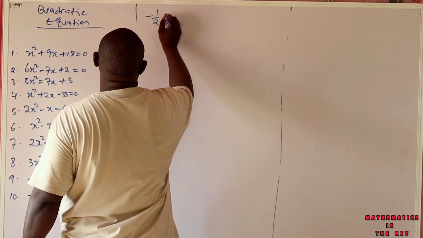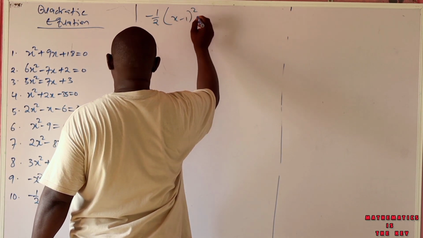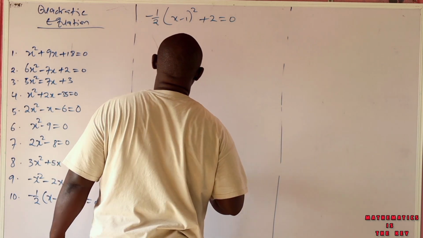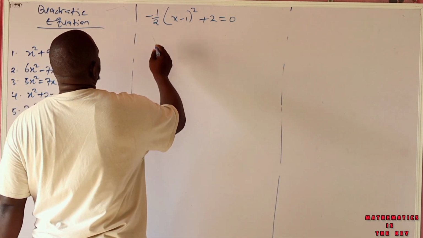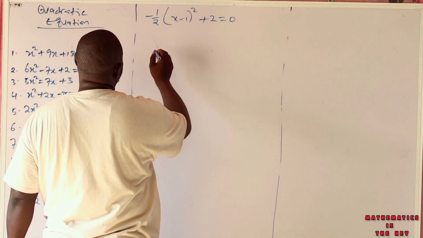In this example, minus half into bracket x minus 1 squared plus 2 is equal to 0. We multiply through by 2 in order to clear the fraction.